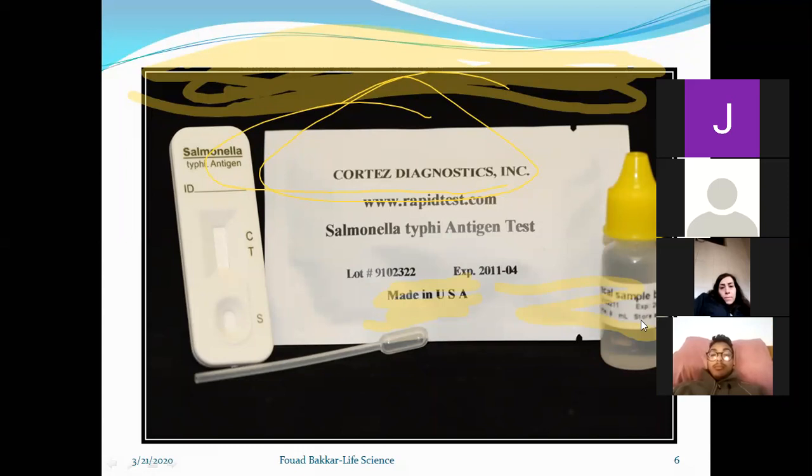And therefore, if I have here antibodies, what shall I have here, Jean-Marie? Antigens. The antigens.